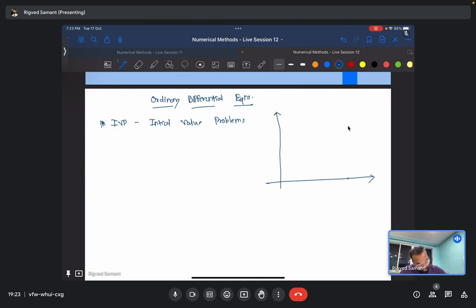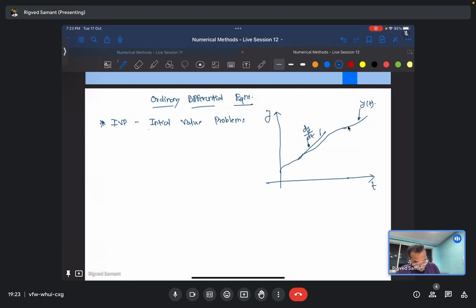Let's say you have a function, where this is t and this is y, better say y of t. The ordinary differential equation is the first order slope. The slope of this line at this point can be called dy by dt, right? So using the equation of the slope, we are trying to find the function parameters at some point.